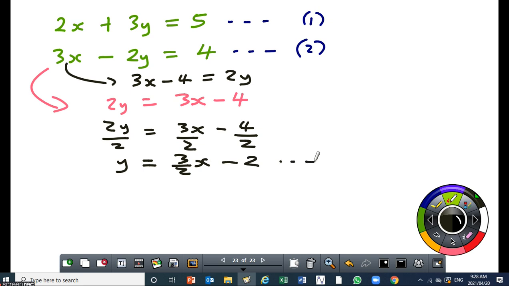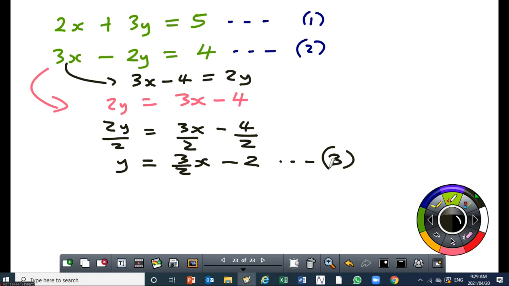Then this becomes my equation 3. So I now have my third equation. But you need to be aware that the third equation is exactly equation 2. They are the same, it's just that they have been written in two different ways. Then, from here, I'm going to substitute equation 3 into equation 1.